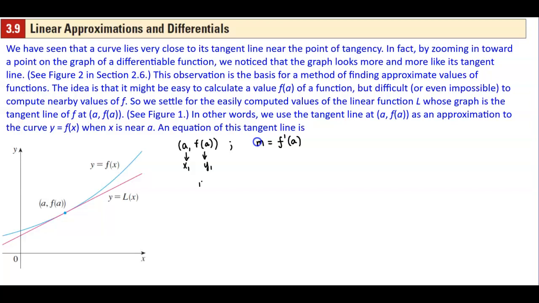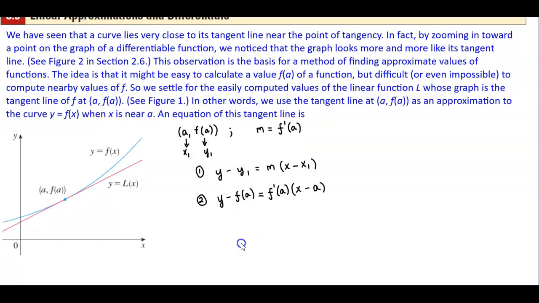So what we're going to do is go back to our point slope form, y minus y1, which is equal to the slope times x minus x1. And we're going to replace y1 to be f of a, which is equal to the slope, which is f prime of a, times x minus x1, which is a.